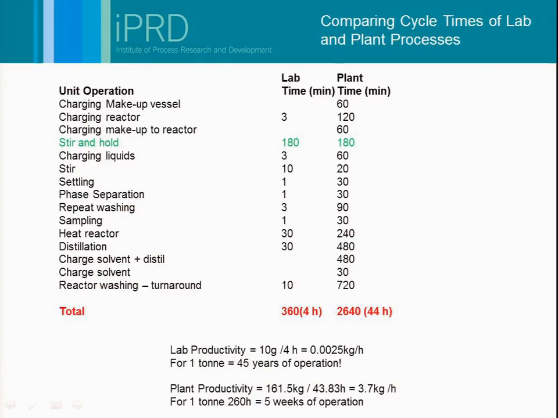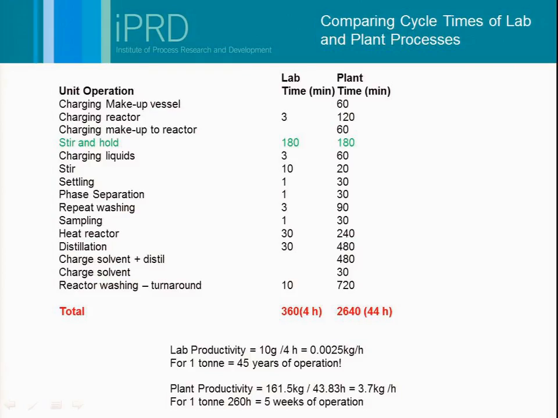Heating the reactor now takes 4 hours. Distilling the solvent takes 480 minutes, and so on and so forth. And one that takes a long time that's not recognised here is actually washing out the reactor for the next batch and preparing it. And all of those, of course, add up to the cycle time, which is now 2,600 minutes or 44 hours to do that same operation.